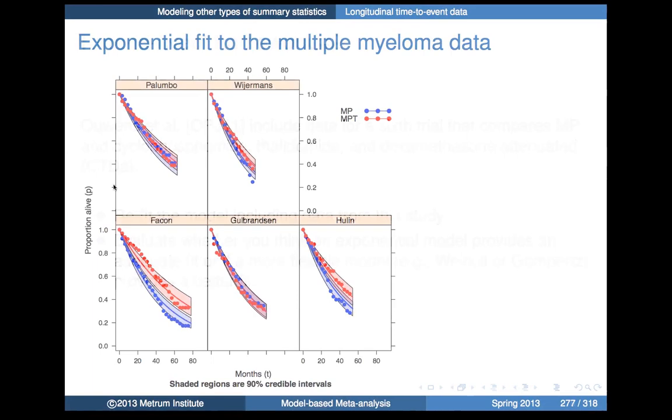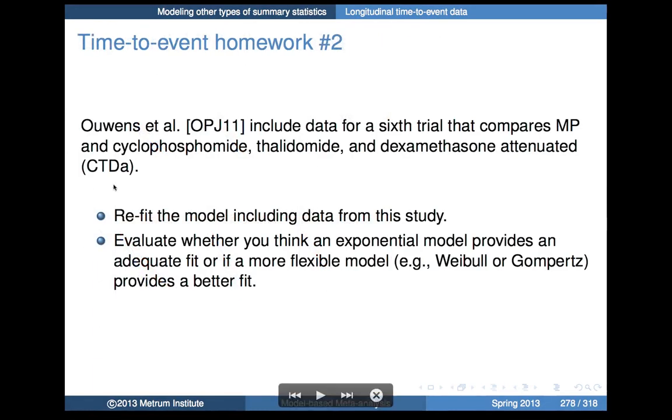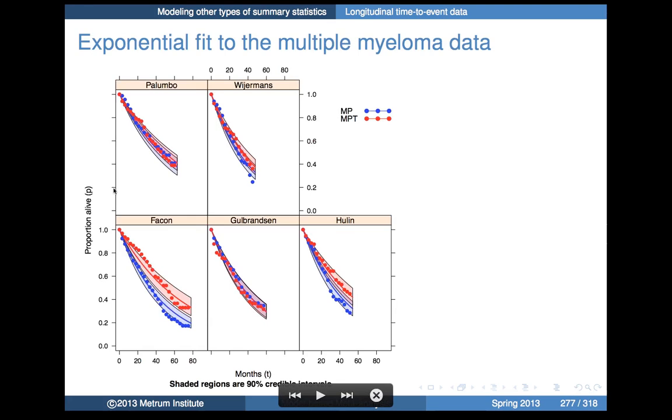So the exponential model seems to fit these data a little bit better than it fit the glioma data we looked at previously. We get reasonably good fits, not terrific fits, to the survival data here.